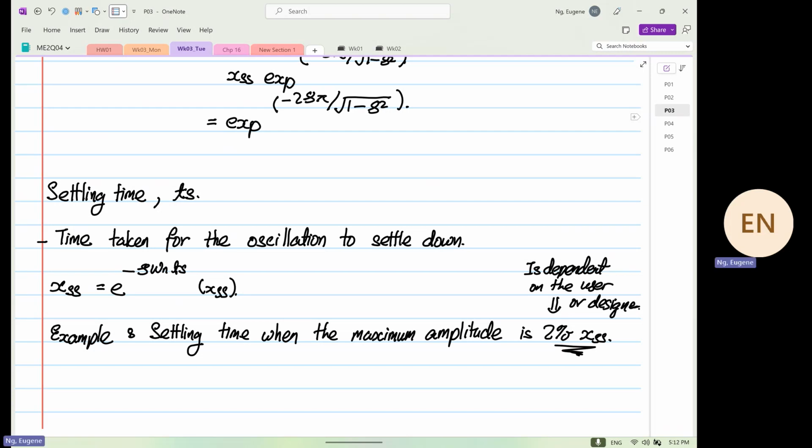If you feel that 10% steady state oscillation is acceptable in your design, you put 10%. If you feel that 2% is required, you put in 2%. Are we clear? So it's based on your design. As a designer, you will come up with what amplitude is desired. There's no standard at all.